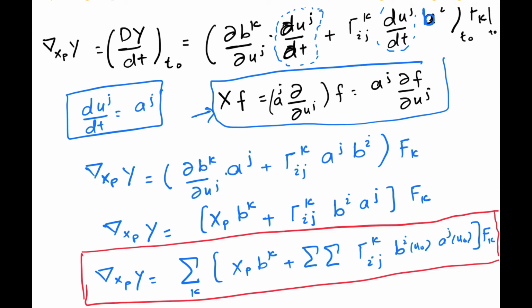And you can see that in this part we don't need to take any curve along which we do differentiation. We just need to specify this tangent vector xp at a point, and then we can do differentiation along that.